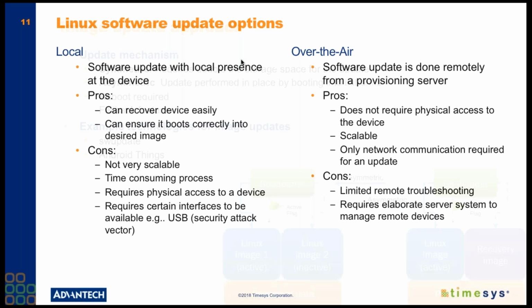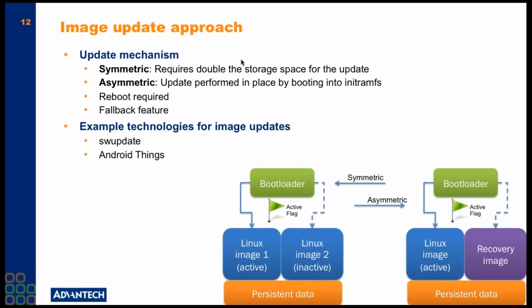Okay, so talking about the image update approach. I have a Linux kernel, the root file system, and the application, all bundled into one image. You can see in some of these graphics that I have Linux image 1 and Linux image 2. There are approaches that use the symmetric approach, where you have an active Linux partition to which you boot.